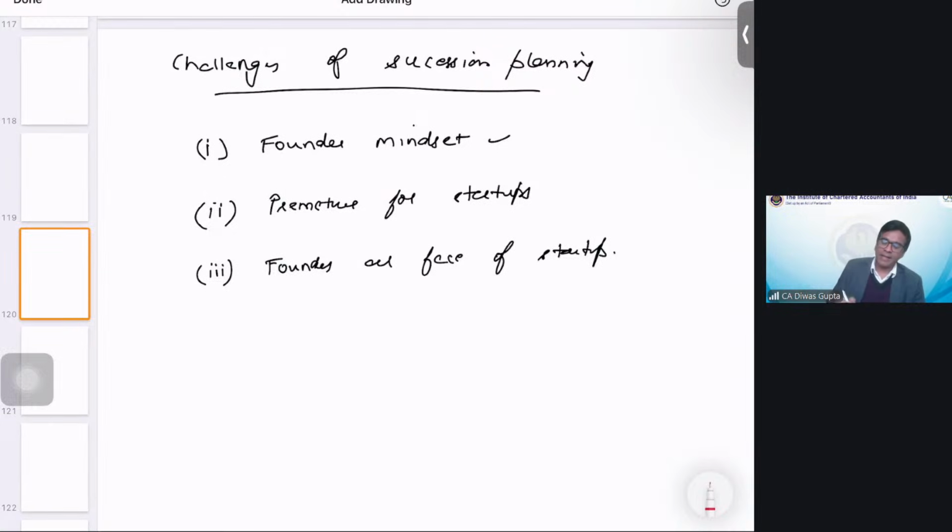Then it might be very premature for startups because they are just establishing their businesses. And lastly, the founders are definitely the face of the startups, right? So they might not want anyone to succeed in their positions, right?